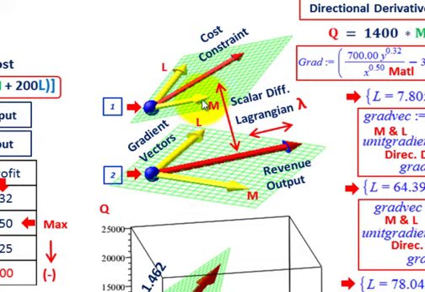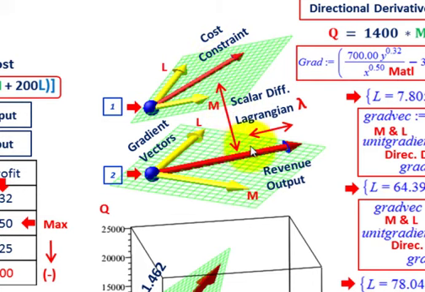You can just see the scalar difference. That's the Lagrangian multiplier that we're talking about here. This is the case where our revenue output is greater than our cost constraint, where we would have had that higher Lagrangian. We're going to have that difference. But as we move down along our gradient path, actually our cost constraint would be flipping.